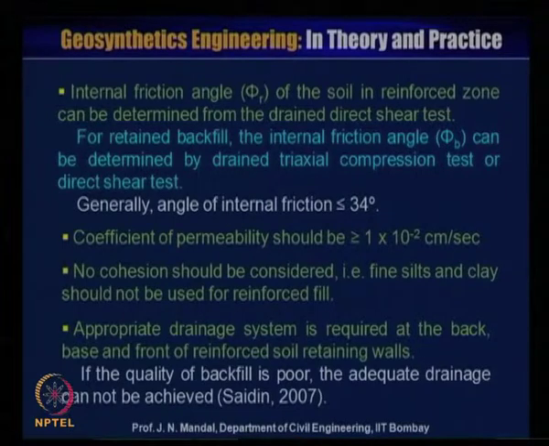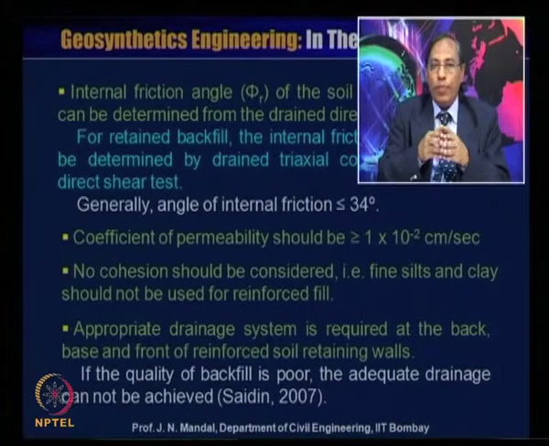For retained backfill, the internal friction angle phi b can be determined by drained triaxial compression test or direct shear test. Generally, the angle of internal friction should be less than or equal to 34 degree. Coefficient of permeability should be greater than or equal to 1 into 10 to the power minus 2 centimeter per second. No cohesion should be considered. That is, fine silt and clay should not be used for reinforced fill.